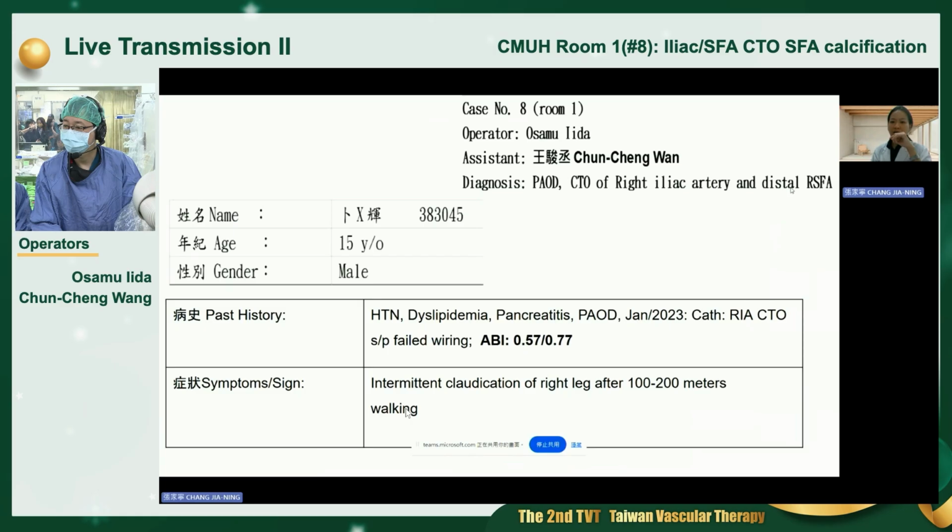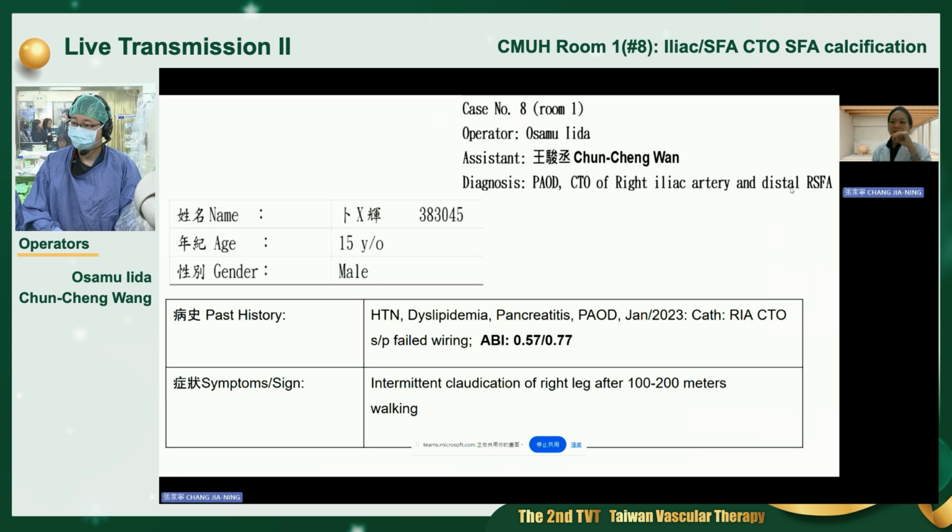A case of PAOD, CTO of the right iliac artery and distal right superficial femoral artery. The operator will be Osamu Ida, and the assistant will be Dr. Wang Junchen. This is a 55-year-old male with underlying dyslipidemia, hypertension, pancreatitis, and PAOD.